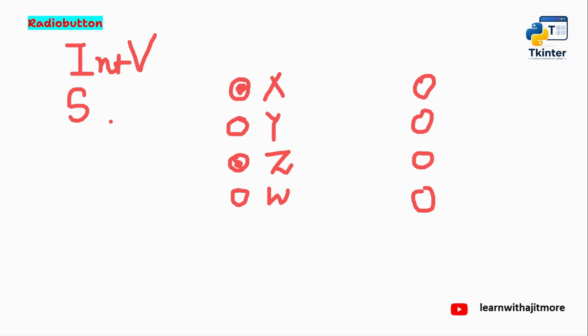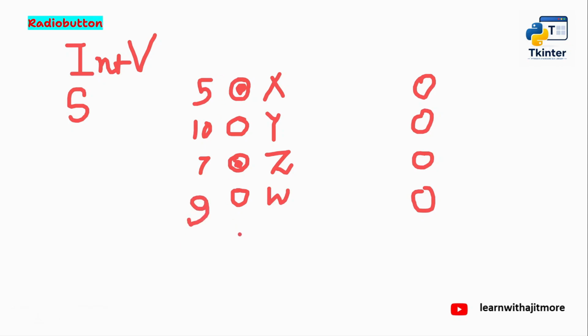So for all these four, the variable is the same. Values you can keep different. For example, if X is selected, the value is 5. If Y is selected, the value is 10. If Z is selected, the value is 7. If W is selected, the value is 9.